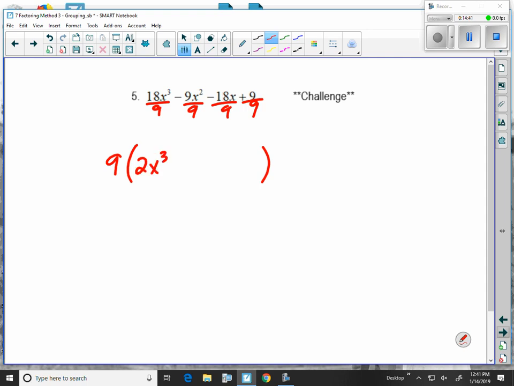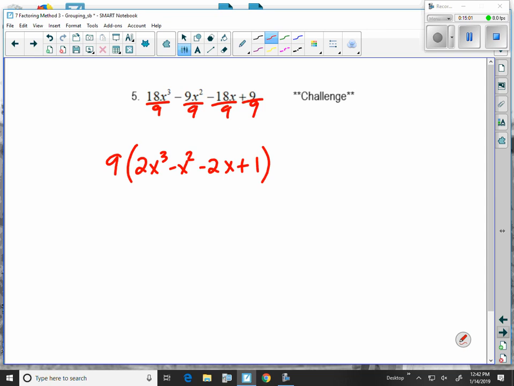Here, my 9's cancel, so I have a negative x squared. Here, negative 18 divided by 9 is negative 2. We keep our x because it didn't go anywhere, and then 9 divided by 9 is 1.